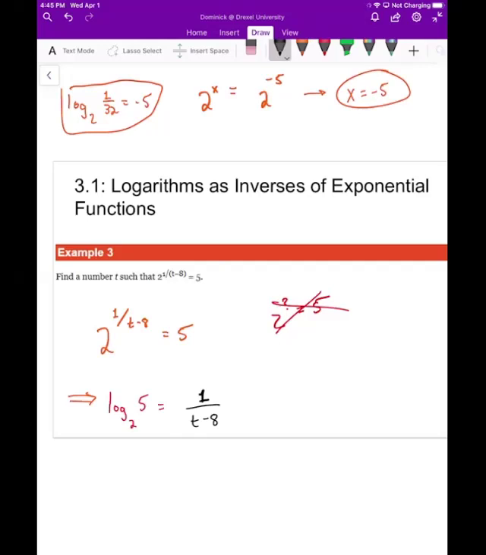All right, so now we can solve this by cross multiplying, and we're going to get 1 is equal to log base 2 of 5 times t minus 8. We can divide both sides by the log. We'll get 1 over log base 2 of 5 is equal to t minus 8.